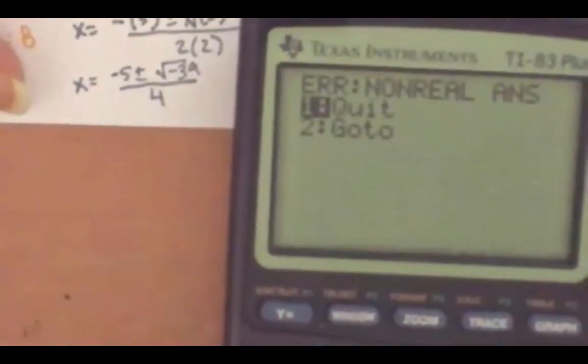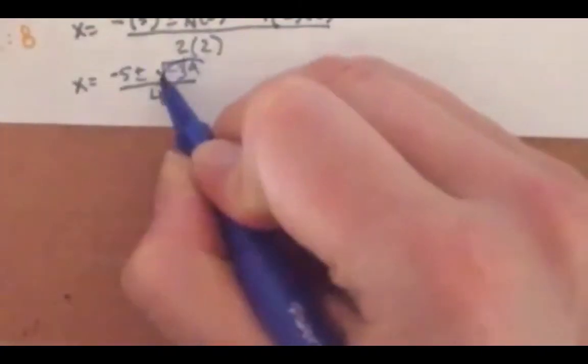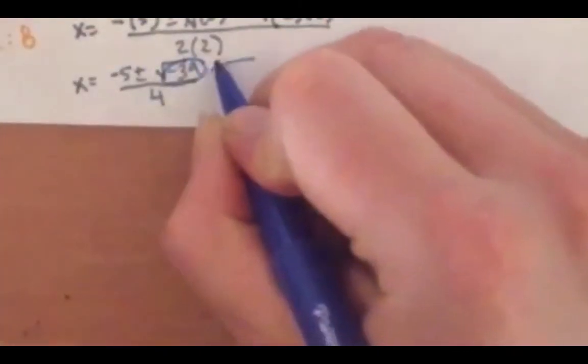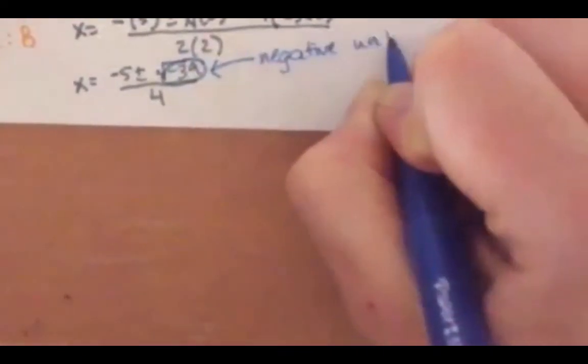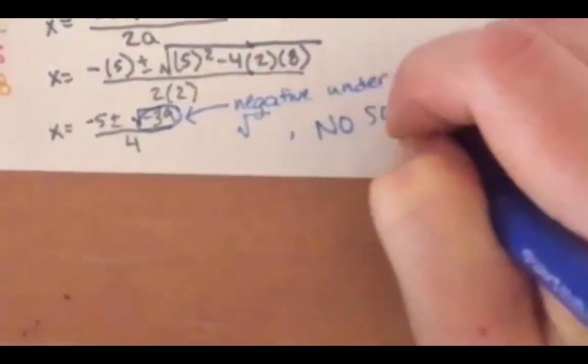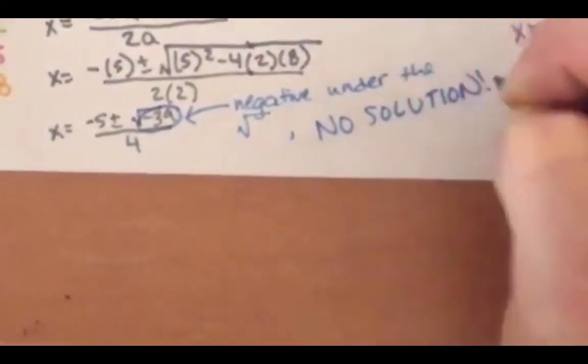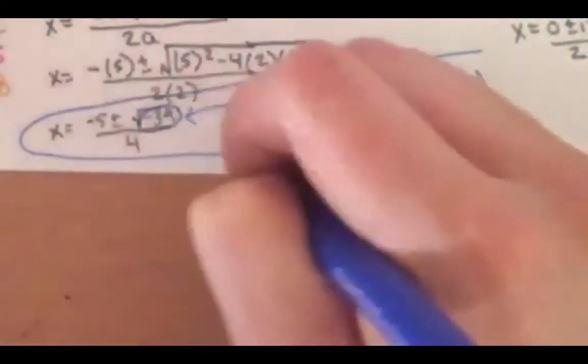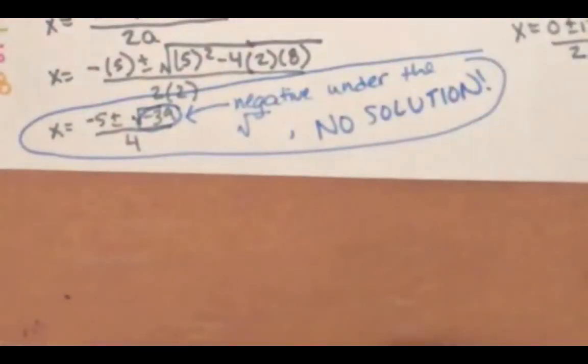Oh man, it says error. Uh-oh. When that happens, because there's a negative under the square root sign, every time that happens, it means there is no solution, no matter what. No solution. Okay, so you're done once you get to that point.